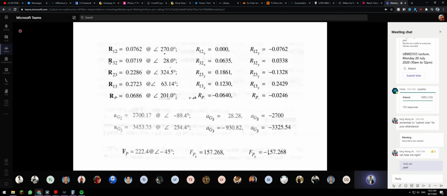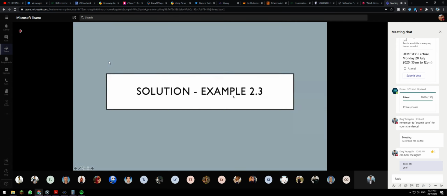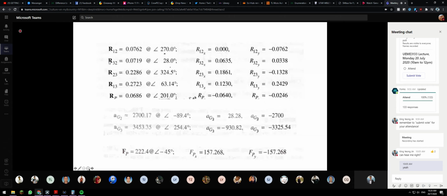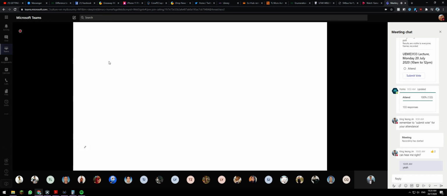Okay. Maybe I show you why we get that value. So what now happen is this is a coordinate system. Okay, so my link 3 is here. 99.59.